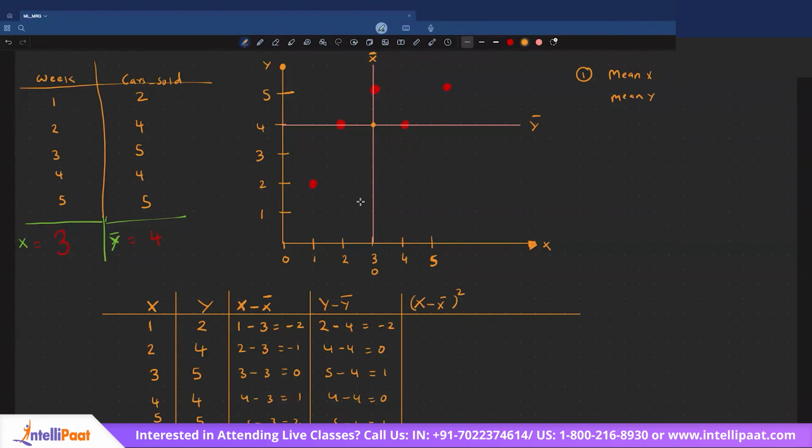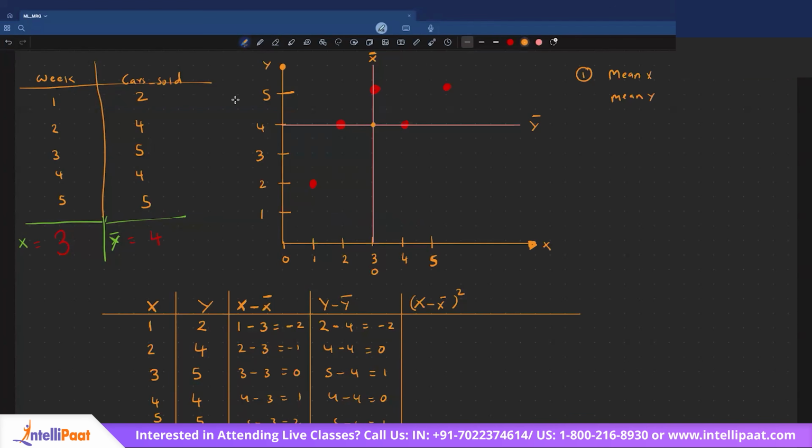Because isn't minus 2 and plus 2 cancelling each other out? If I want to add them together, will I be able to add them directly together mathematically? The minus will nullify the plus value. Agree or disagree? So that the nullification does not happen, we take x minus x bar the whole square.